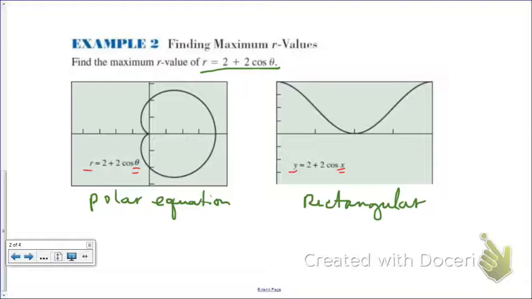What that allows us to do is refer to the y-axis for our r, which r and y are equal here. And you can see that the y has a maximum up here at the top of 4. So that means our maximum r must also be 4. So we say the max of r is 4.